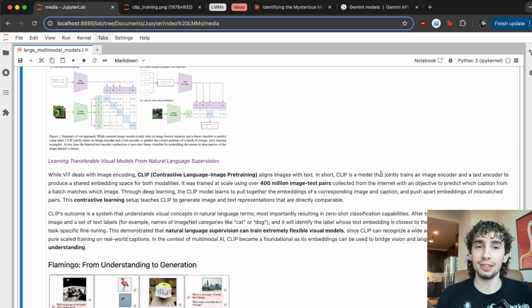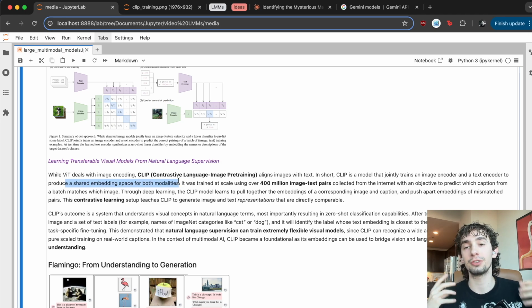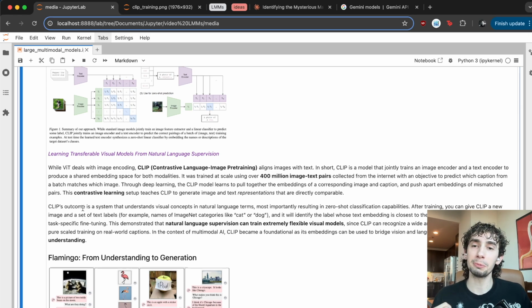More technically, this is effectively training a joint image text encoder to produce a shared embedding space for both of these modalities. And the outcome of actually training a system like this is that CLIP can then represent and understand visual concepts in natural language terms.